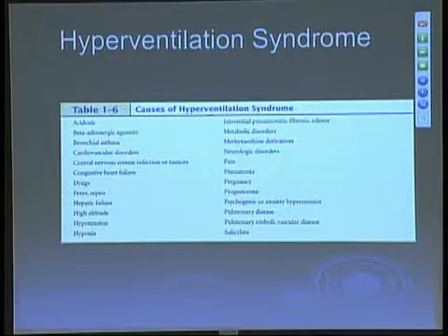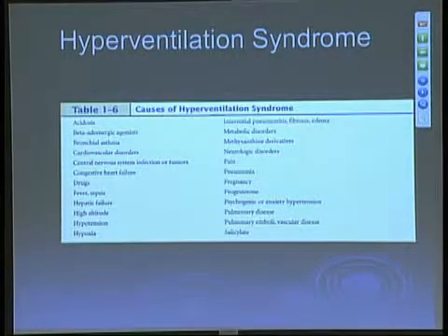What's the end point of hyperventilation, by the way? Yeah, the patient passes out, and that takes care of the problem. Nobody hyperventilates by themselves while they're resting like that. So acidosis can cause hyperventilation syndrome.